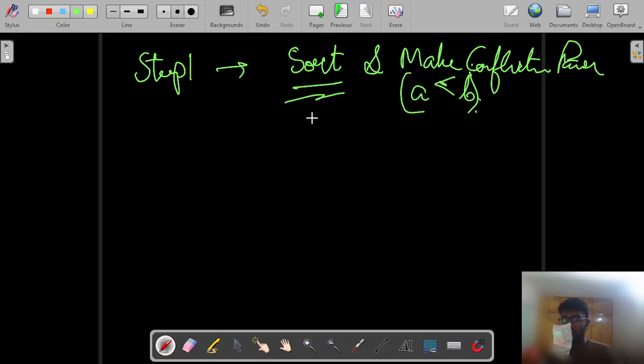For this we can perform a normalization operation where we run a for loop on all of the elements in the conflicting pairs and check each item. If the value of a is less than b, then we are good, else we swap these values just to keep it normalized, and then we can also sort this. So that's the first step.